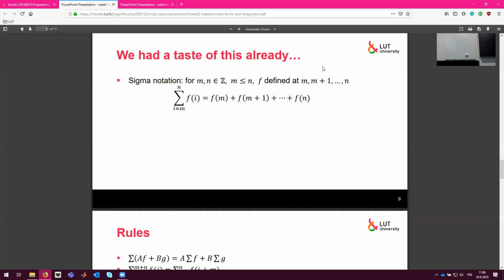So how we read this is the sum of f of i, where i goes from m to n. Usually these m and n are integers with m smaller than n, and f must be defined at all of these points. So we calculate the sum, and this is a shorthand way of writing a sum of different function values.